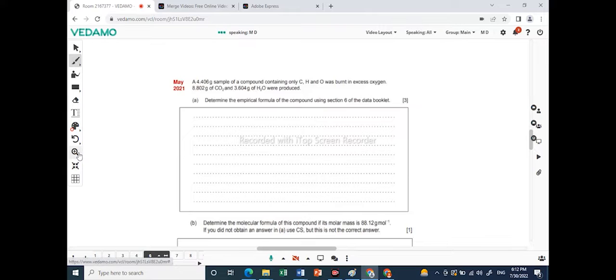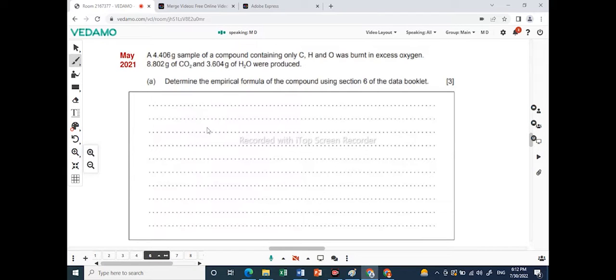Now, the last question for the same idea that we're going to answer together is another empirical formula calculation, but we will take this question from May 2021. This is one of the past paper questions taken in 2021. A 4.406 gram sample of a compound, it contains only carbon, hydrogen, and oxygen, and it was burned in excess.